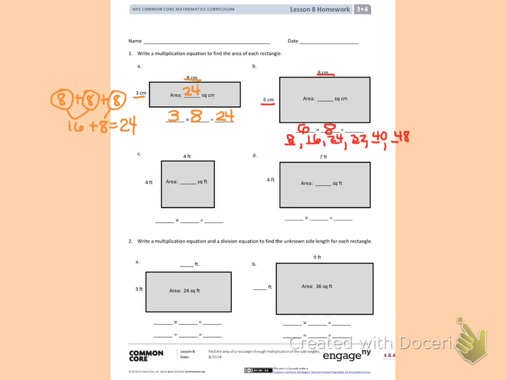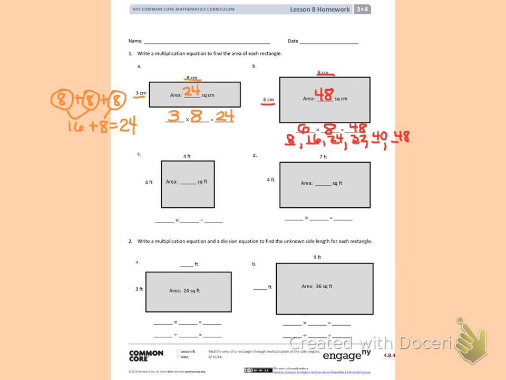So 6 groups of 8, or 6 times 8, is 48. That means that the area is 48 square centimeters. Okay, now I've shown you how to do 2. You do the next 2, items C and D, on your own.